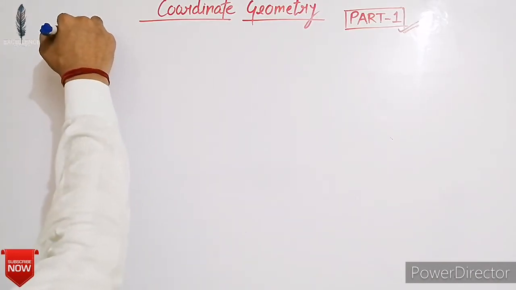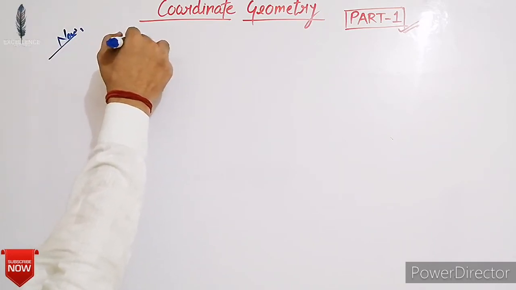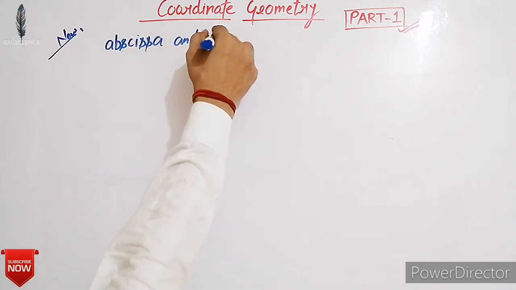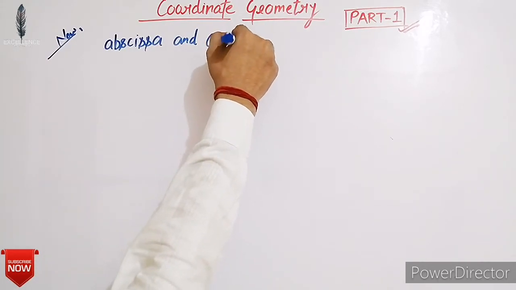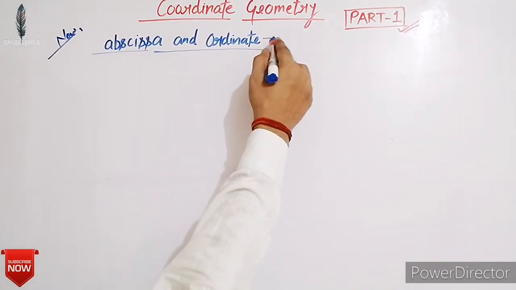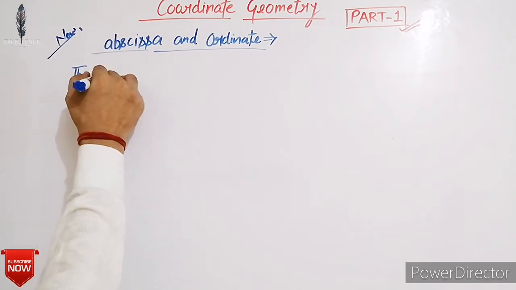Now our next point is what is abscissa and ordinate. Very important, abscissa and ordinate. So firstly we discuss what is abscissa.